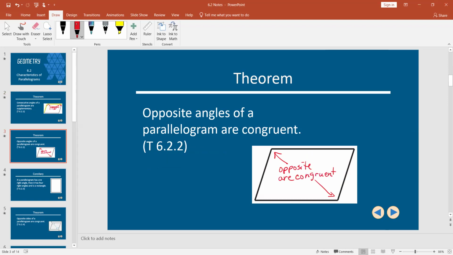That makes sense, because if this angle and this angle are supplementary, and that second one is also supplementary to its next consecutive angle, then those two opposite angles must be the same measurement, because both of them are the difference of 180 minus this angle right here. So they've got to be congruent. That also means that these two sides are going to be congruent to each other as well.